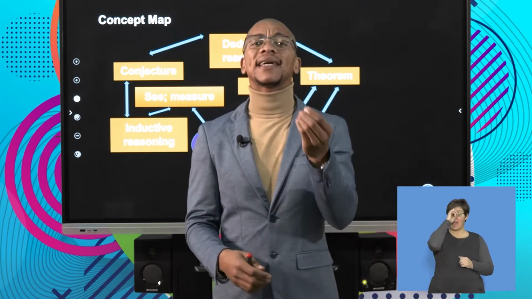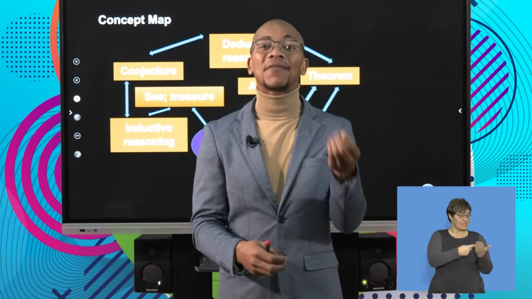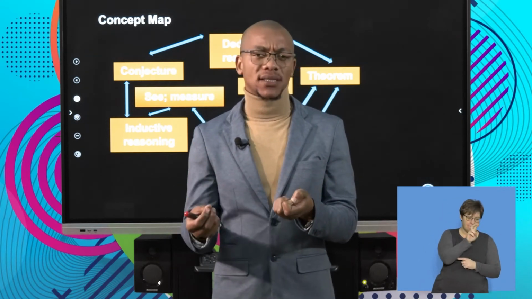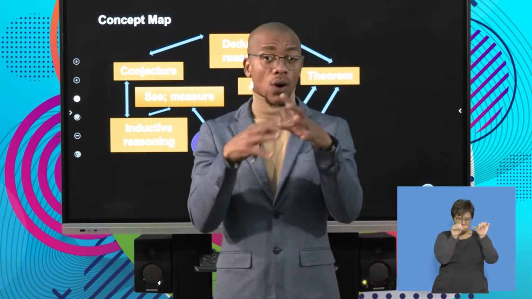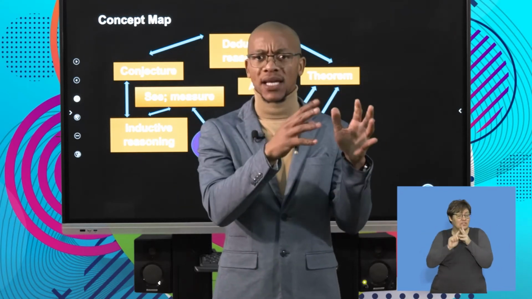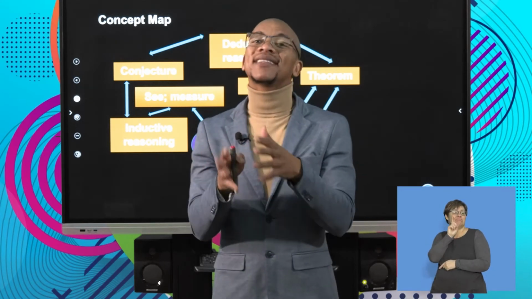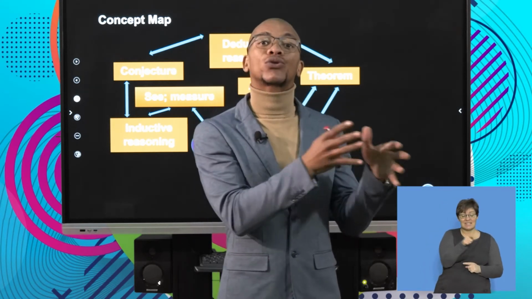Remember, I said inductive reasoning is a statement that you make after several observations and measurements, right? So you draw and measure, draw and measure, draw and measure, and then check whether the statement that you want to make will be true throughout.